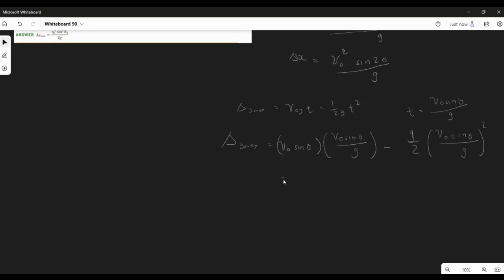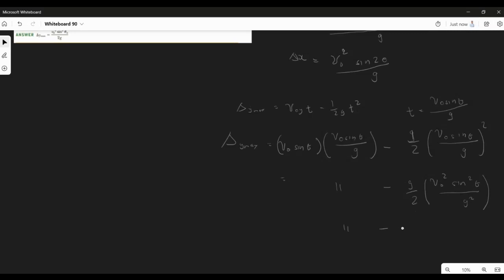Obviously this will remain the same. I'll write it again. We're going to have G over 2, this is the same, V0 squared sine squared theta divided by G squared, and that's the same. Sorting this out, that G will cancel. Not cancel, but we have one G at the bottom.